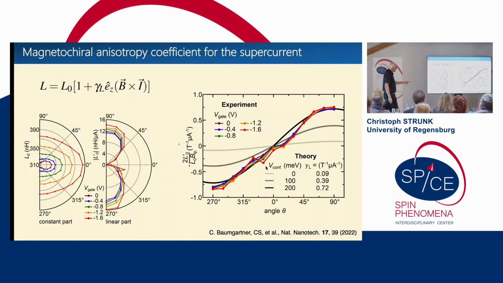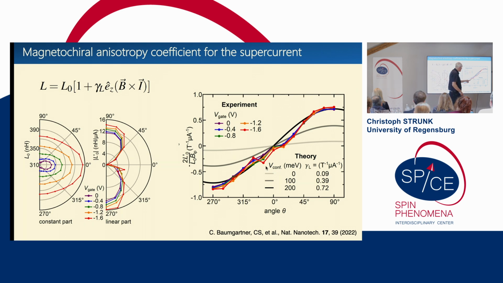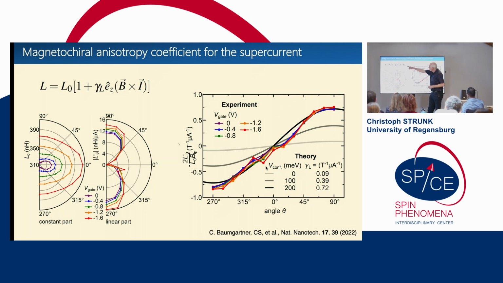And actually, this polar plot here is just a fancy way of plotting a sine. And this here is the proper way of plotting a sine. The sine simply comes from this cross product. So what I have now shown you is that there is indeed an inductive counterpart of the resistive formula that I showed you in the introduction, a supercurrent analog of this magnetochiral formula.